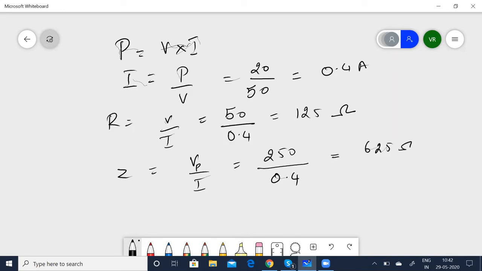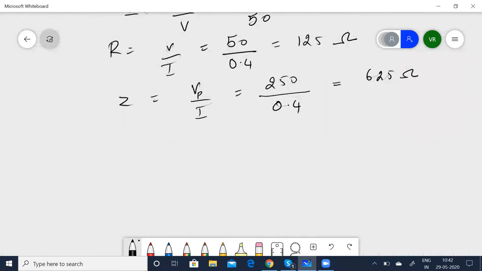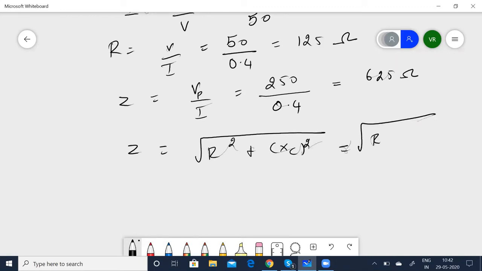So that divided by I, we have calculated as 0.4, which is equal to 625 ohms. So impedance Z is going to be, so here we have this is now going to be a capacitive circuit. So resistance and capacitance are there. So the impedance is now going to be root of R square plus XC the whole square, which is nothing but root of R square plus 1 by C omega the whole square. I told you XC is the capacitive reactance.